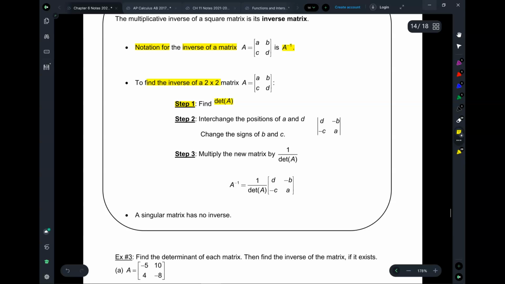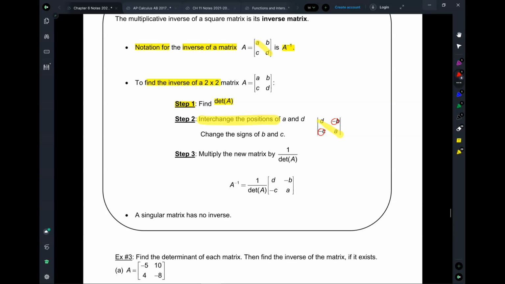Step 2, you have to change the matrix. The way in which you change the matrix is this. You see A and D there, the main diagonal? You interchange their positions. It's like they change seats. They switch seats, and then you add negatives in front of the other two.